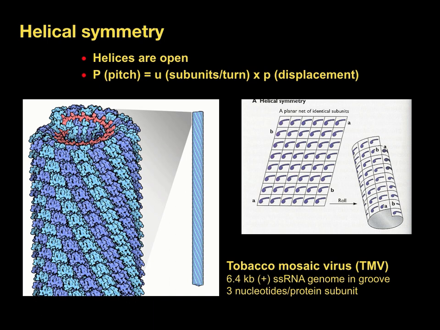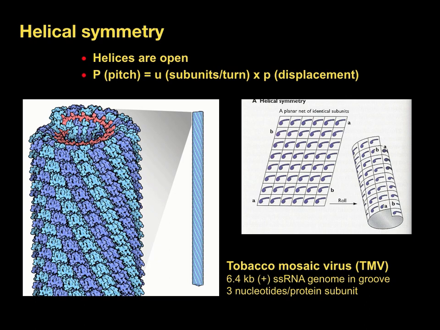The cool thing about helical viruses is that all the subunits are going to interact with each other in an identical fashion. It's not like the quasi-equivalent icosahedral structures where the protein has to adopt different conformations.